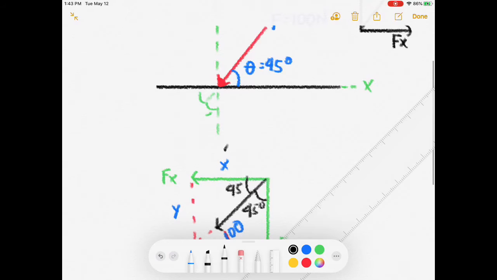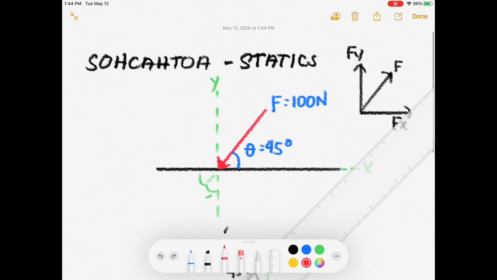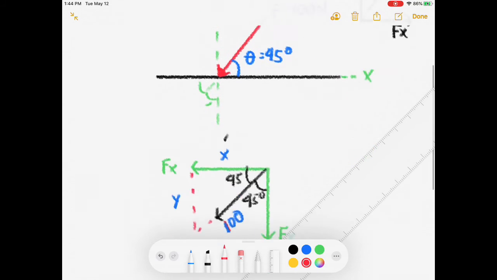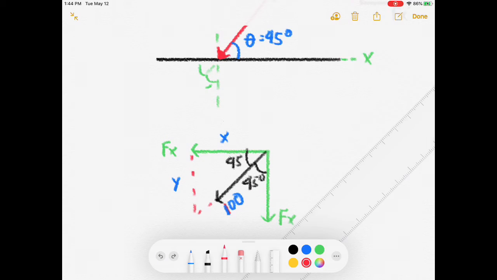We're looking for x. This is the angle, and this is the hypotenuse, which is 100. The easiest is the adjacent. To get the adjacent we can use CAH or TOA, but the most applicable is adjacent over hypotenuse.